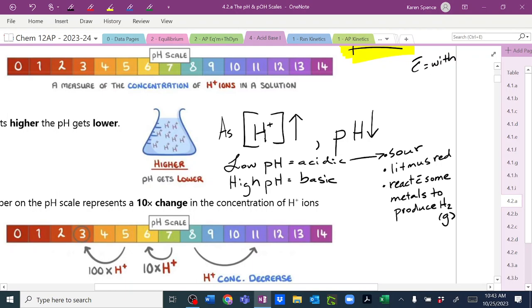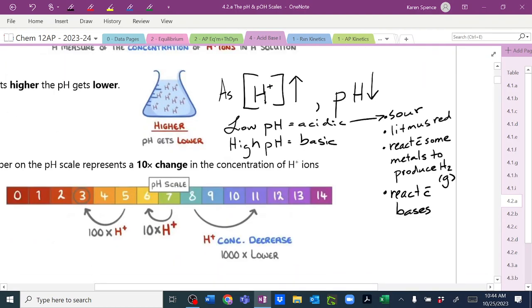Oh, they react with bases, of course. I know that seems silly, but they react with bases. So that's 1, 2, 3, 4, and the fifth one starts with an E: electrolytes.